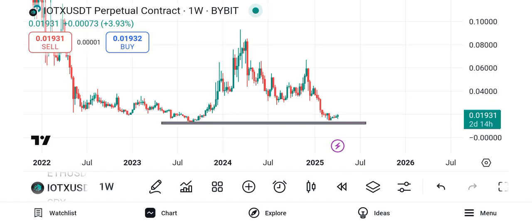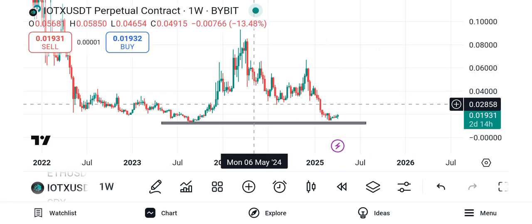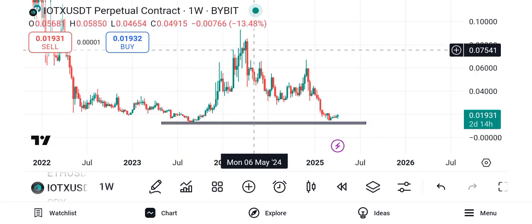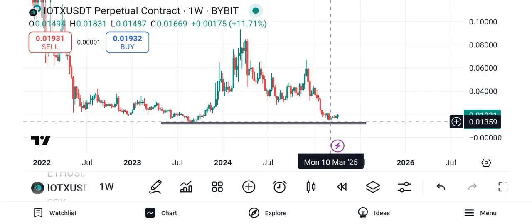So you want to look for a buy opportunity at that point, because that point seems to be a support zone. You can see how price came here and pumped. Now price has come close to that area.